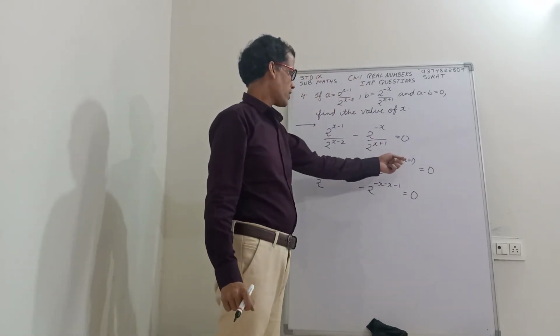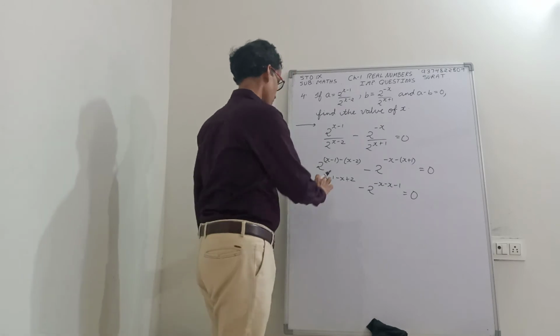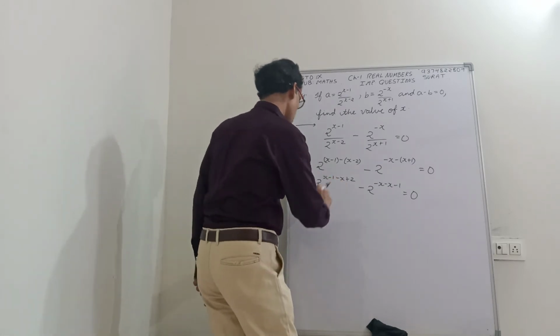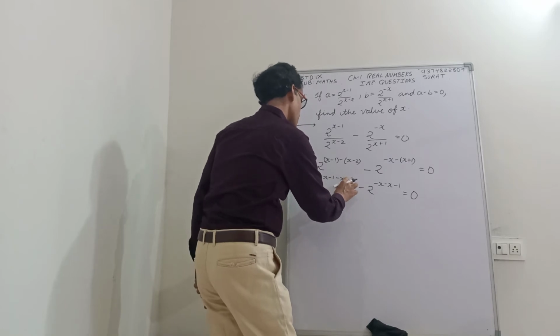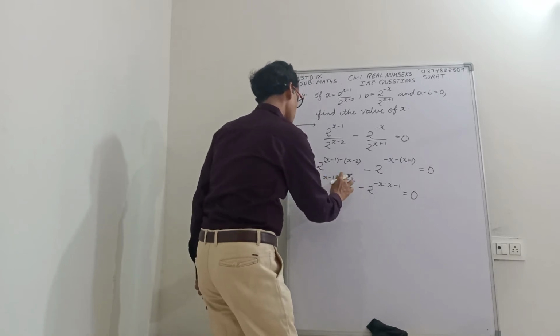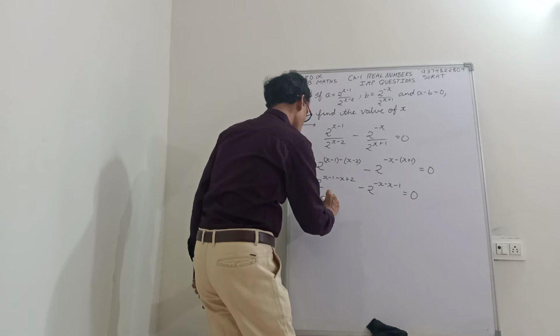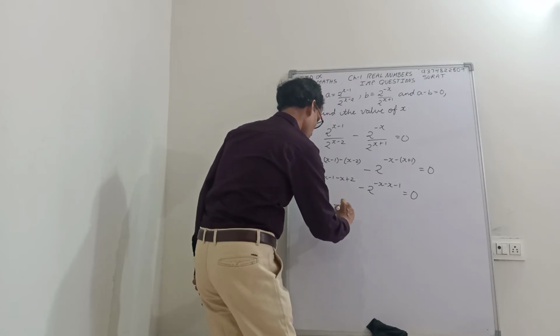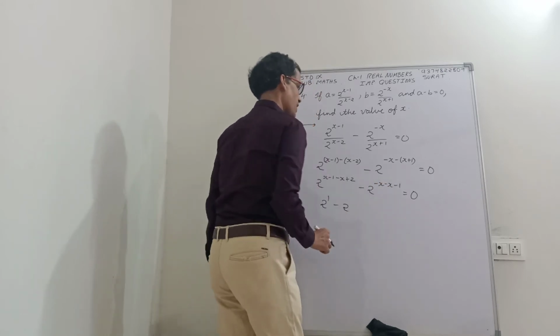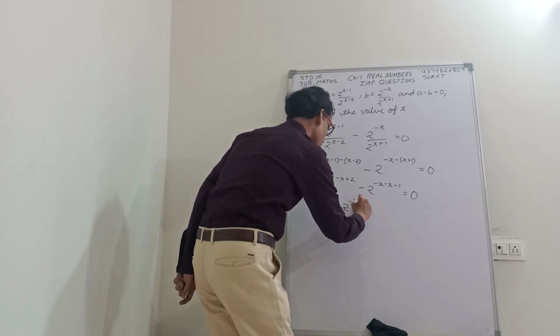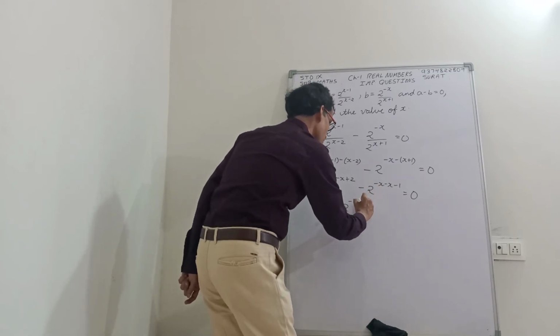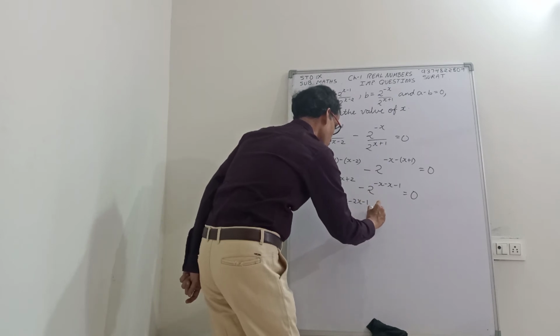Because here it is a minus sign, you have to change the sign. x minus x is 0, so it means 2 power minus 1 plus 2, that is 2 power 1, minus 2 minus x minus 2x minus 1, equal to 0.